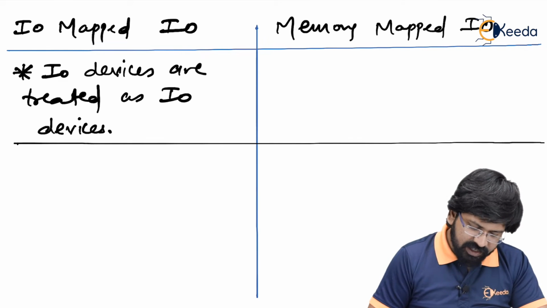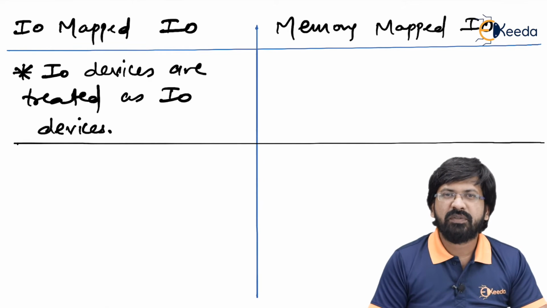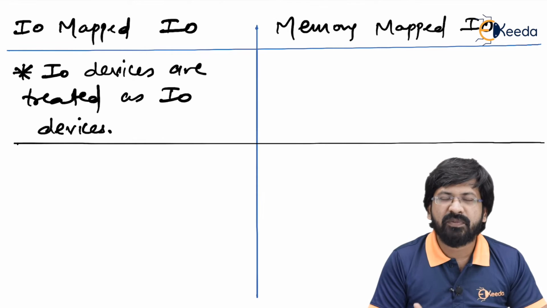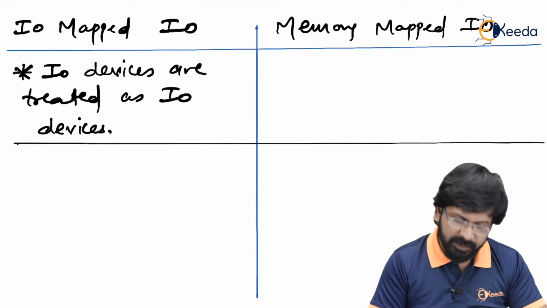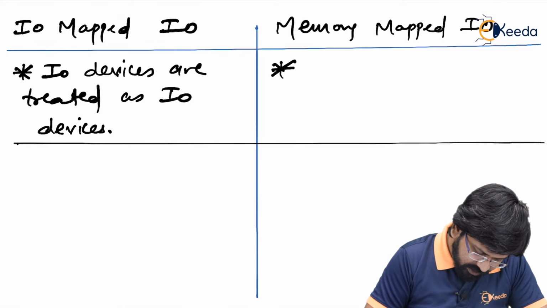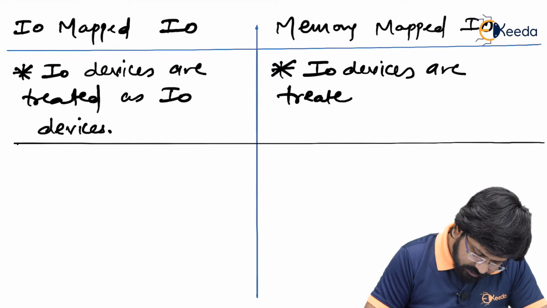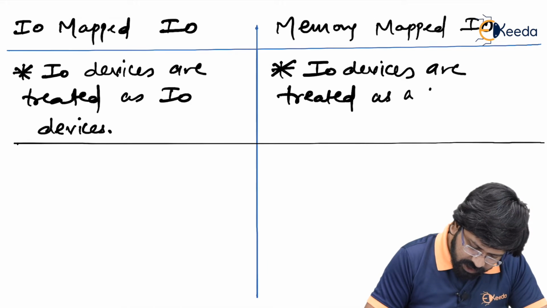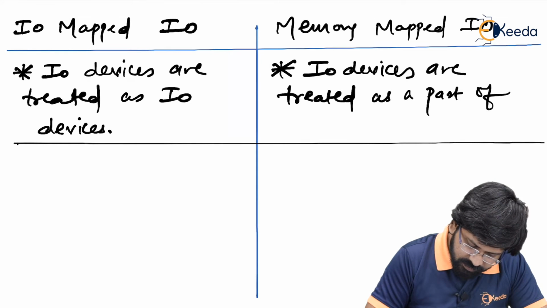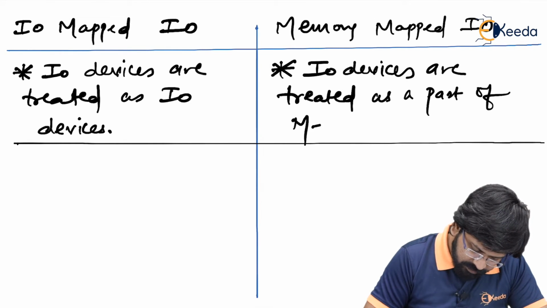In this second technique, that is memory mapped IO, IO devices are treated as a part of memory. I repeat, IO devices are treated as a part of memory.